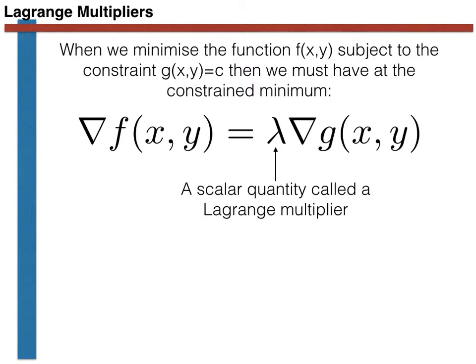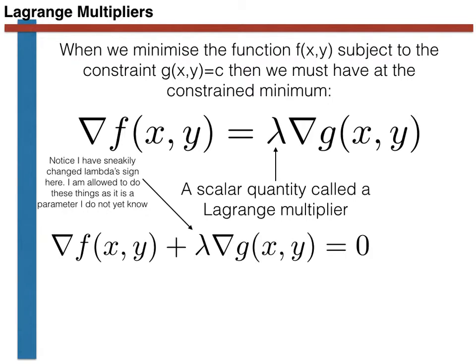At the constrained optimum, we must have the following equality between the grad of the function f and the grad of the constraint g. We call the constant here, lambda, a Lagrange multiplier. The heart of the technique of Lagrange multipliers comes by rearranging this formula. We start by bringing everything over to the left-hand side and by thus setting the right-hand side equal to 0.